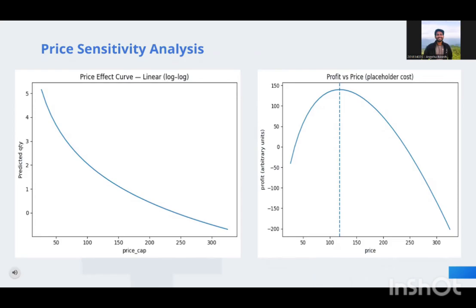These curves enable strategic pricing by helping retailers estimate demand sensitivity and make smarter promotional decisions. These two graphs demonstrate that our aim isn't just about prediction, it's about driving smarter business decisions in real world retail pricing.